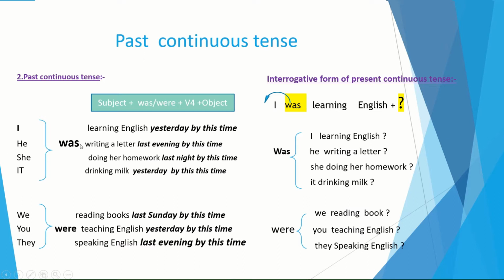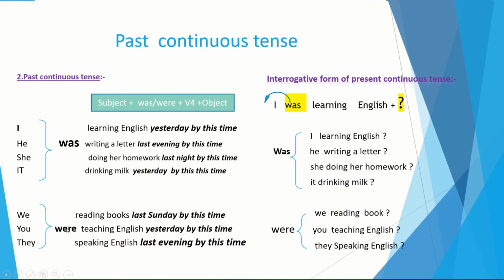She was doing her homework last night by this time. It was drinking milk yesterday by this time, and we were. We use were for all plurals.